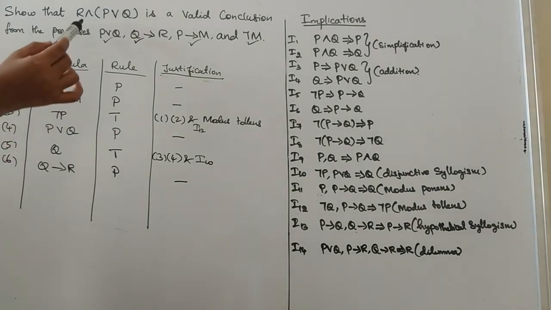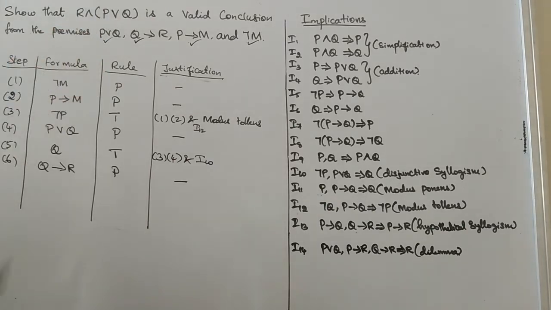But what we have to prove here is that R and (P or Q) is a valid conclusion from these premises.